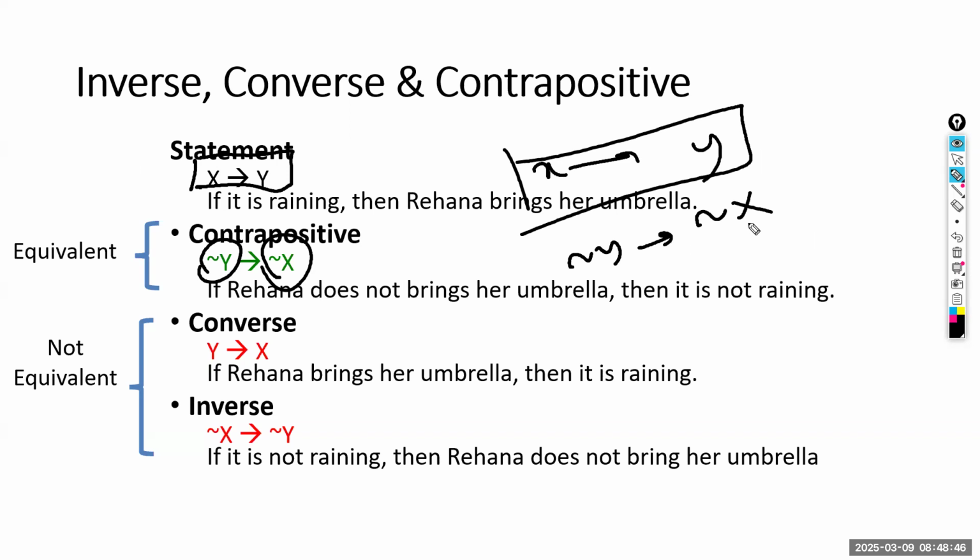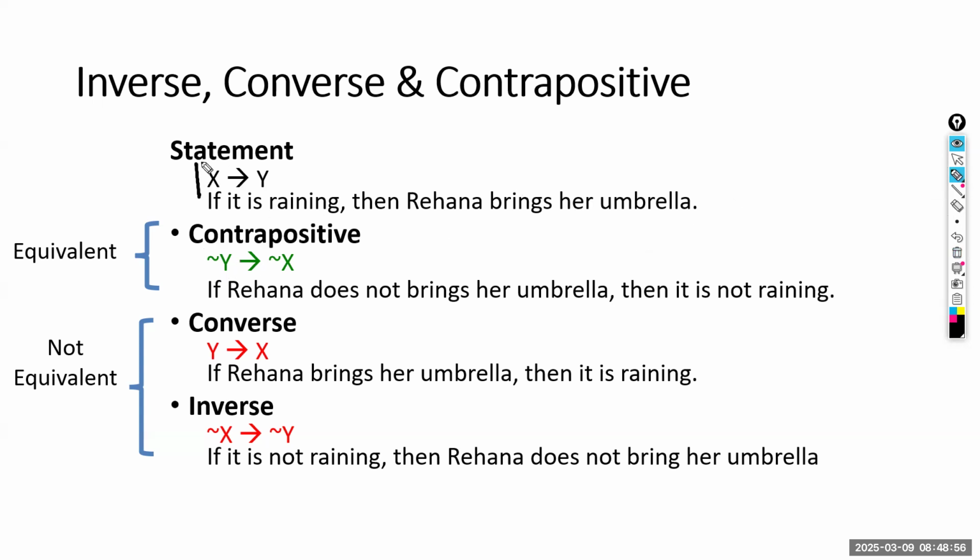So if you consider this statement is correct, from it we can create another statement using the same variables, that is, not Y implies not X. This kind of statement is called a contrapositive statement. And according to logic, if this is correct, this is also correct. Do you agree?